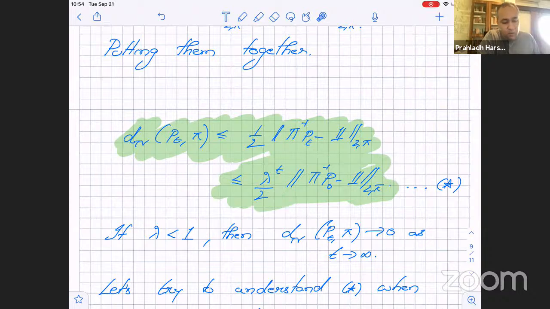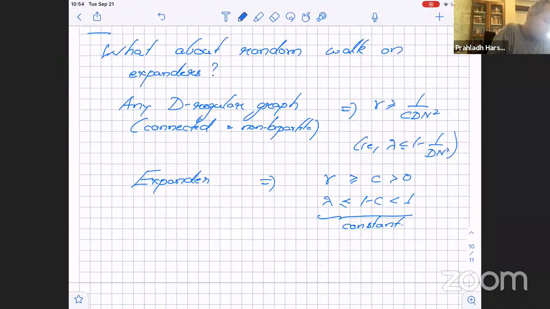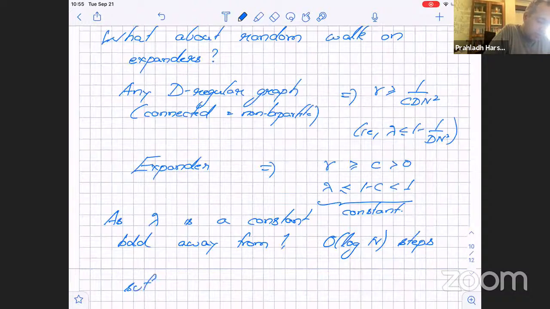So all I want to say is that in an expander, as the gap is constant, as lambda is a constant bounded away from 1, order log n steps suffice to converge to the uniform distribution.